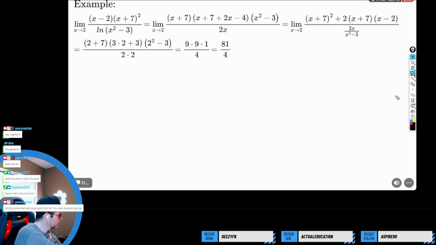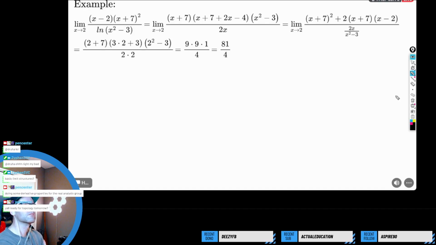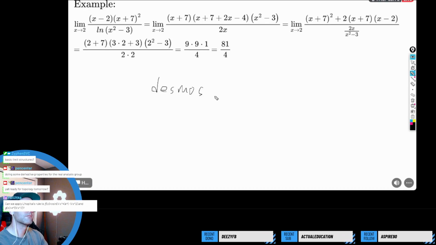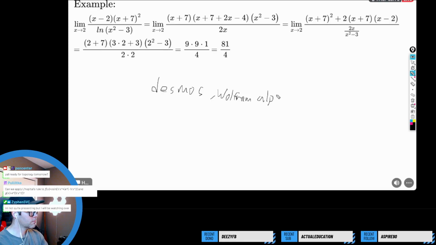But the easiest way to actually improve with derivatives is to do a lot of them. There are a few really easy ways to check if you're correct with stuff like Desmos and Wolfram Alpha, which are both pretty nice, and you can easily check if you're correct.